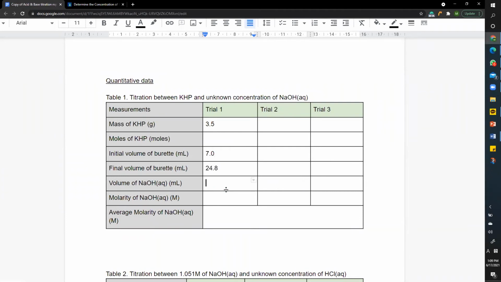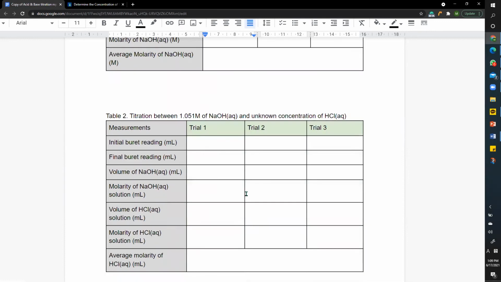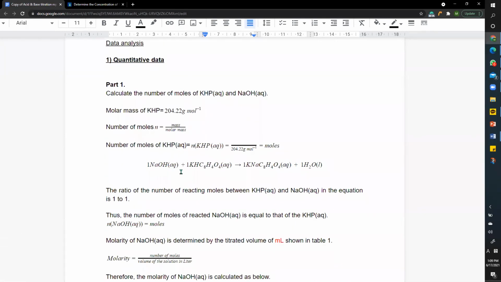Volume of NaOH. So if we subtract the initial from the final, we get 17.8. Okay, then we now have to calculate the molarity of this one by using the rules up here. So the calculation part. Part one, calculate the number of moles of KHP and NaOH.